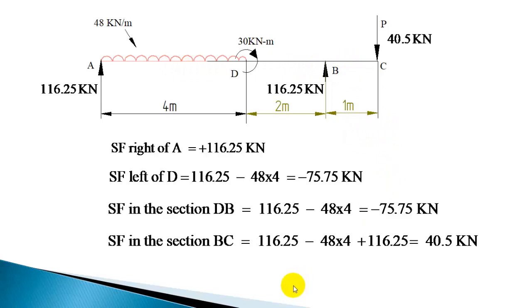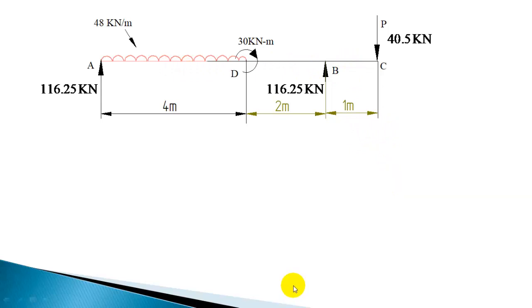Now let us calculate the bending moment at various points. Bending moment at A is 0, since no moment is acting. When a couple acts at any point, you have to calculate the bending moment immediately left of that point and immediately right of that point. So here at D the couple is acting. Immediately left of D, without including the couple, you take the moment summation.